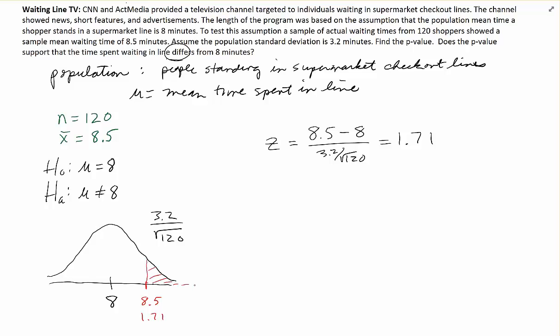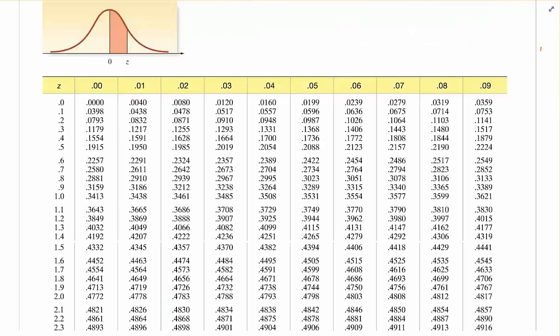The p-value is associated with the area measured to the right. Now remember, this is a two-tailed test, so whatever this area is has to be doubled to get the actual p-value. I need to use the standard normal table and look up the 1.71 and find this upper tail area.